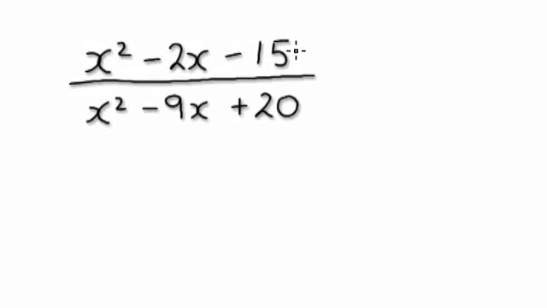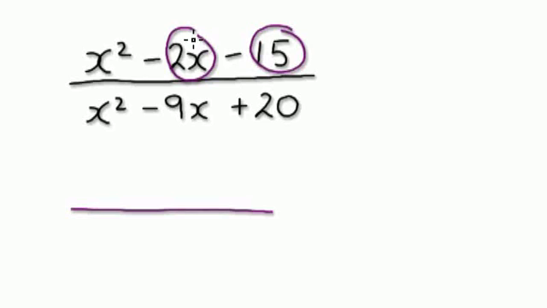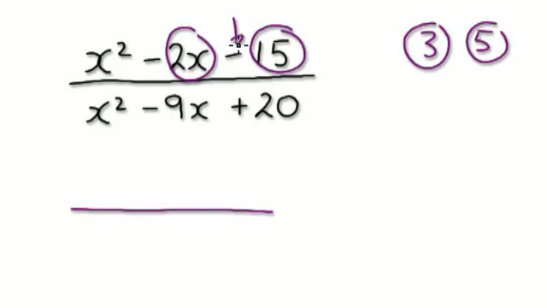Okay, so here, factorize it. Two numbers multiplied together give me that, and I have to be able to create the minus 2x here. So a 3 and a 5 pops up in my mind. But looking at this, I know one of the two must be negative, because I have to create the minus 2.